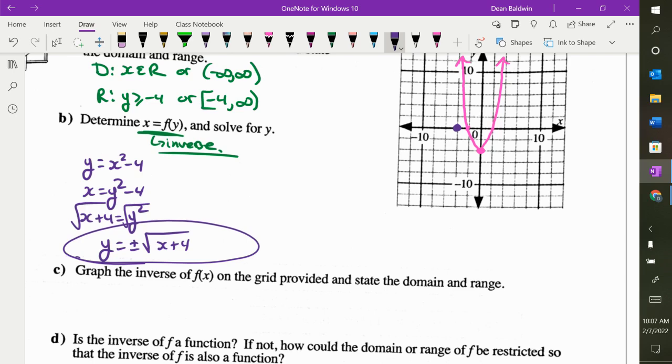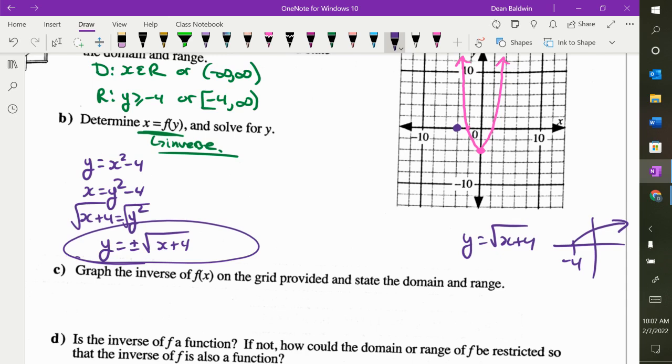Correct, I should say. So now the plus or minus comes in. If I gave you that, you start at negative 4, you know it goes to the right. Everybody would draw that, correct? Yeah. Okay. That's because it's a positive out here.